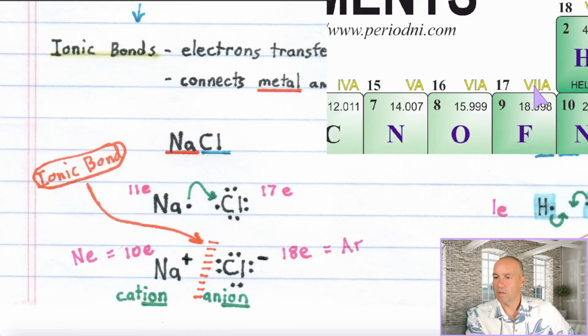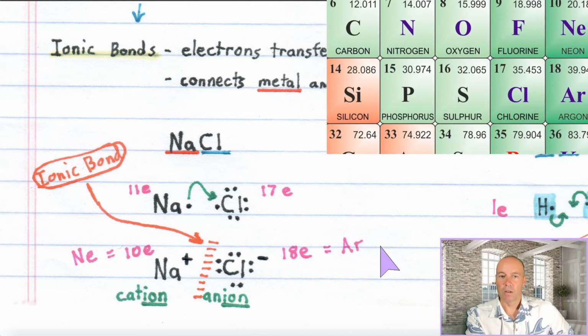So 7 valence electrons, chlorine gets 7 dots. Now what happens in the ionic bond between sodium and chlorine is the sodium metal will lose its one and only valence electron, and it'll give it all the way over to chlorine, so chlorine gains it. So sodium loses its electron and chlorine gains that electron.